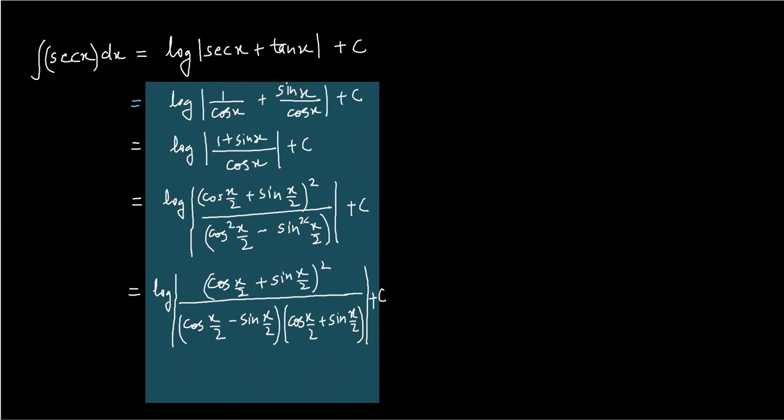So you cancel one of the factors, this cos x by 2 plus sin x by 2 will cancel.